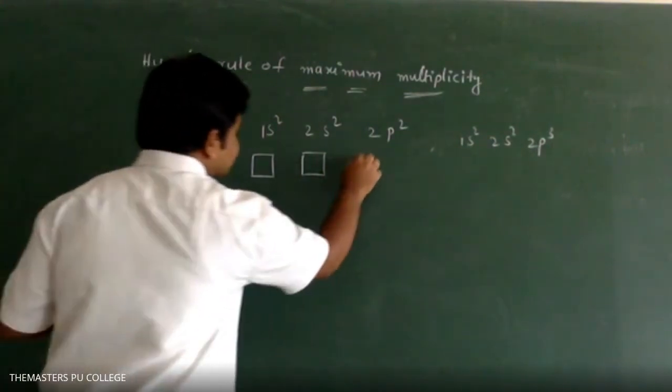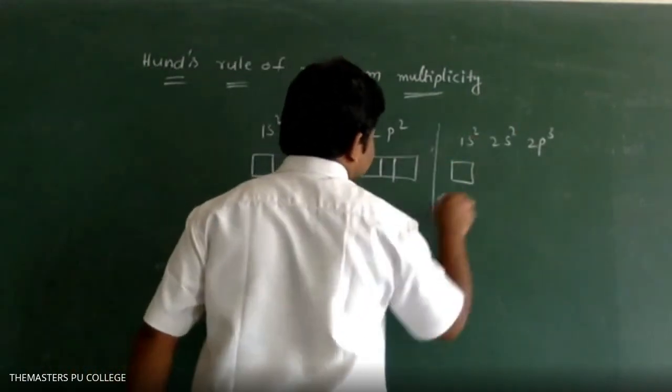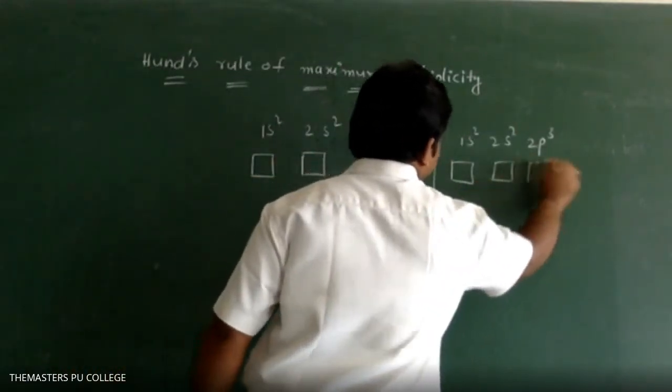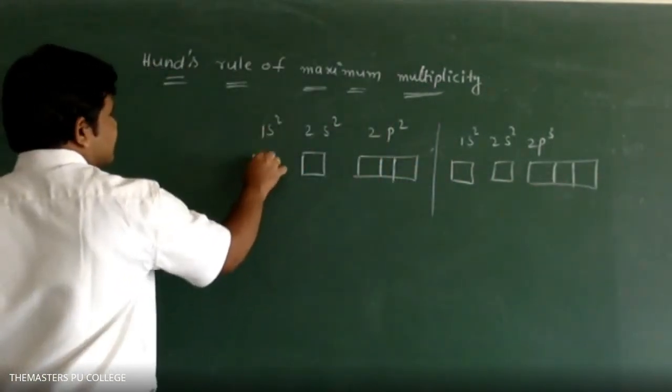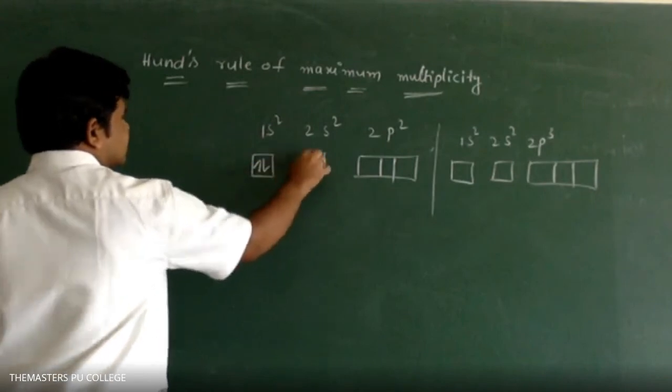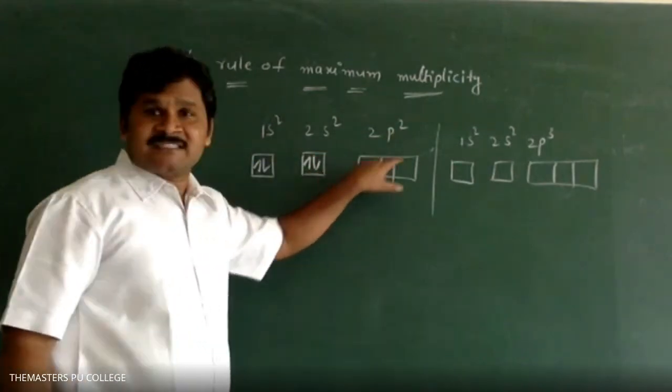P orbital means 3 boxes. Here, 1s is 1 box, 2s is 1 box, p is 3 boxes. Here you won't get any confusion. 2 electrons, here also 2 electrons. Here, I have 2 electrons, 3 boxes.